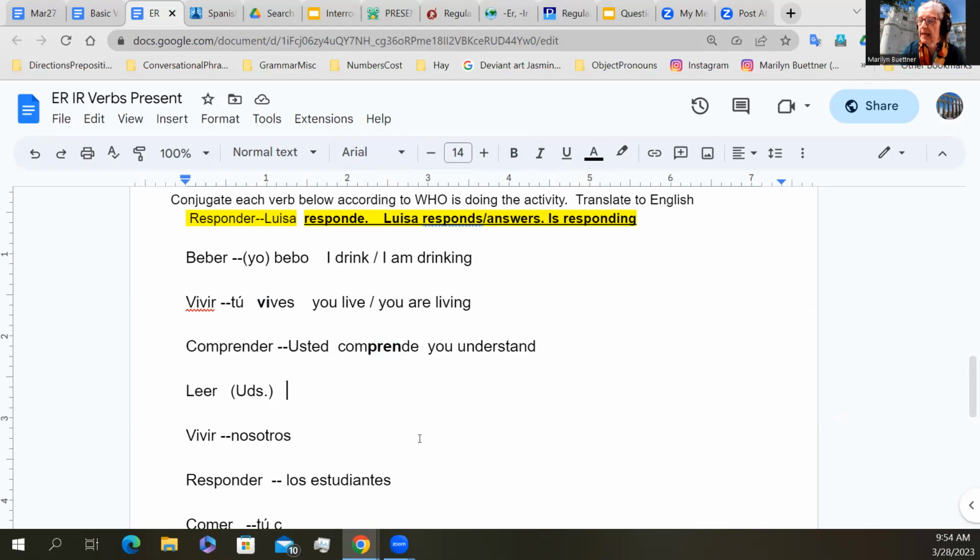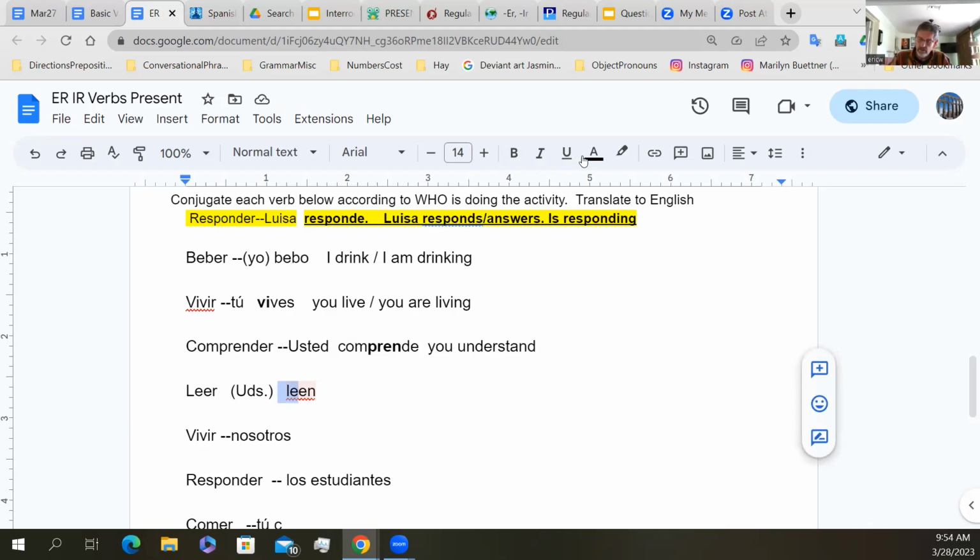So, okay, here comes the big question mark. When we've got leer, the automatic thing we need to do is to get rid of the ER, but we still have that first E hanging in there. And now for ustedes, you guys, we need this. But how do you say that? It is not lean, right? It's leen. And those two E's, we're going to drag it out. So it's leen. Leen.